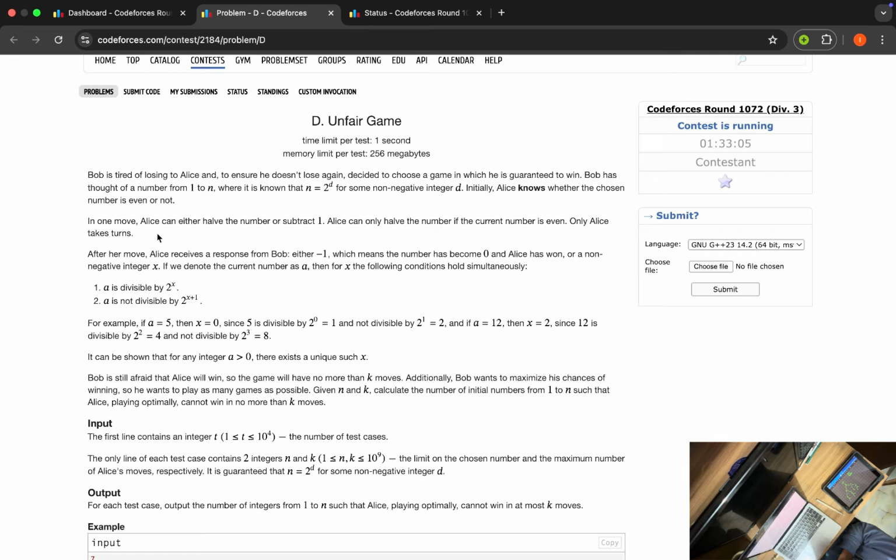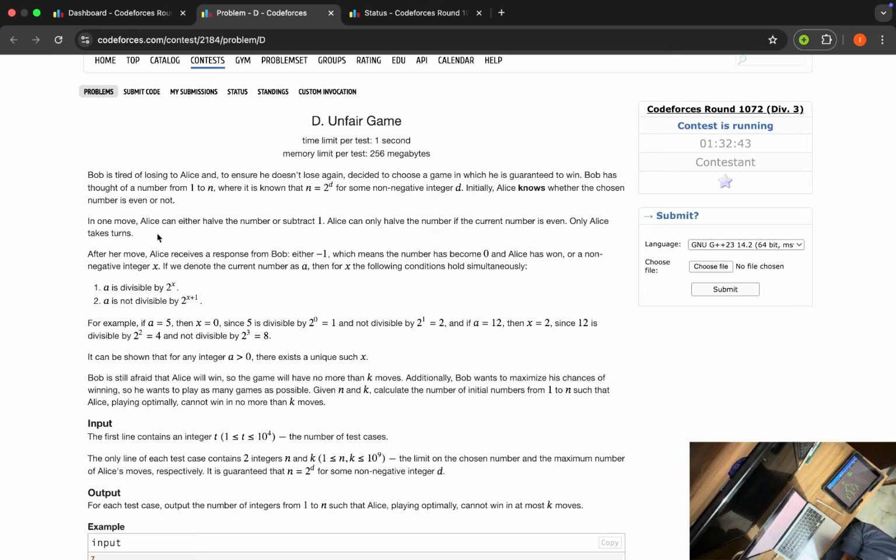Of course it's even because it's a power of 2, or it can be odd for 2 to the power 0. In one move Alice can either halve the number or subtract 1. Alice can only halve the number if the current number is even.